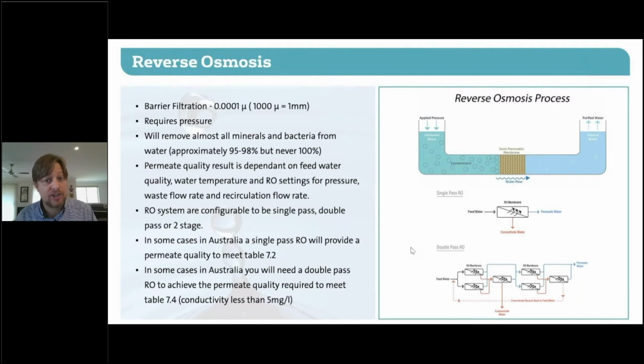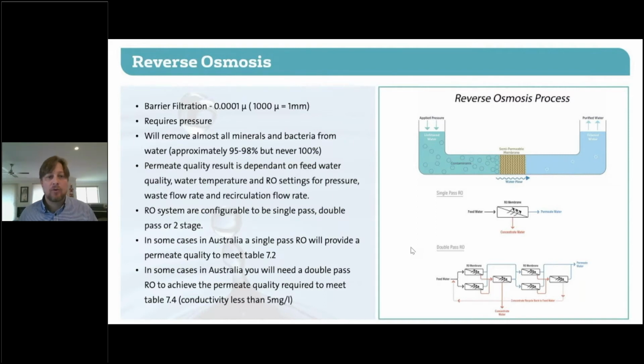It requires pressure to force that H2O through to the other side of the membrane, and it will remove almost all the minerals and bacteria from the water. Never 100%, approximately 95 to 98% of the minerals and bacteria will be blocked by the membrane.